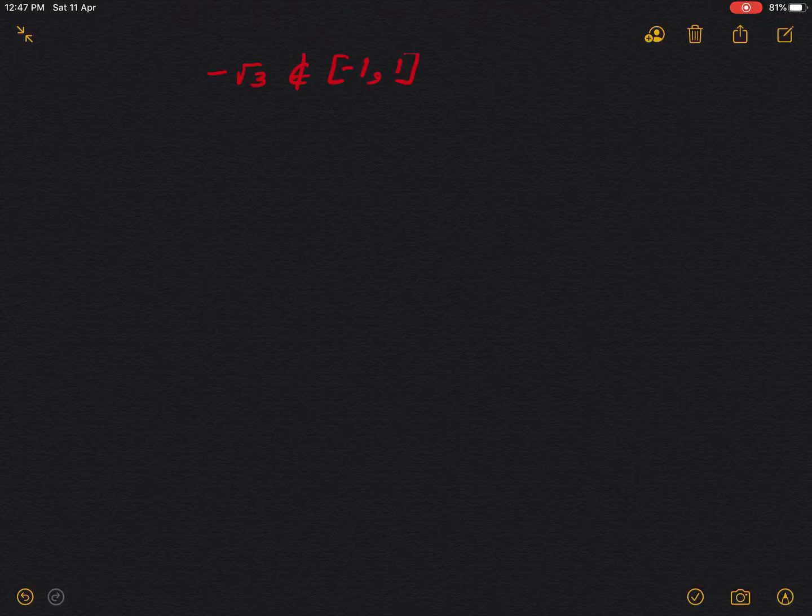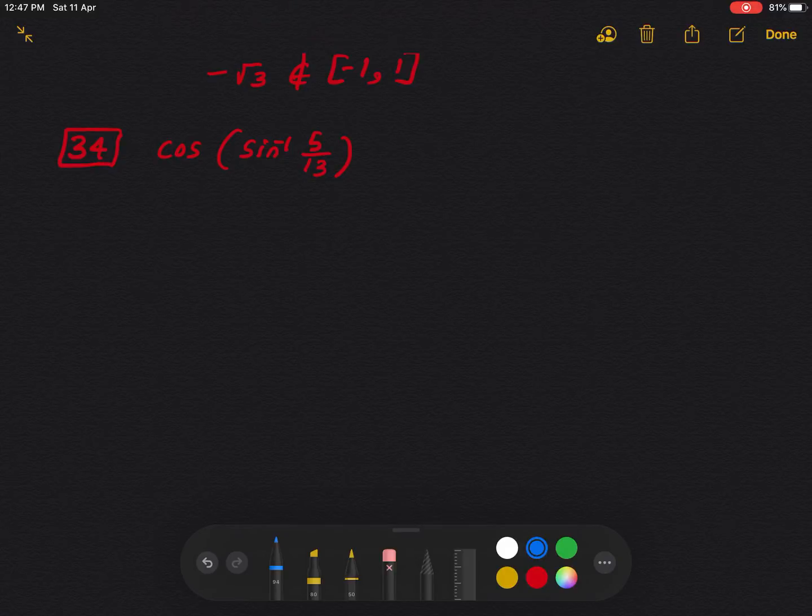Next, question number 34. Cosine of sine inverse of 5 over 13. First we can simplify sine inverse of 5 over 13.